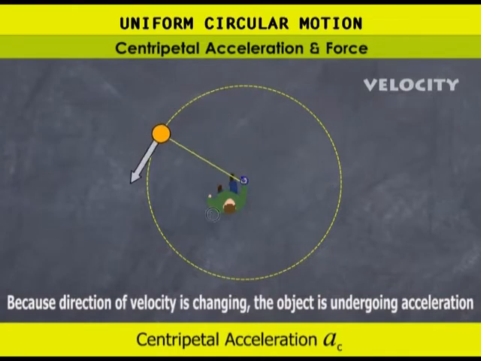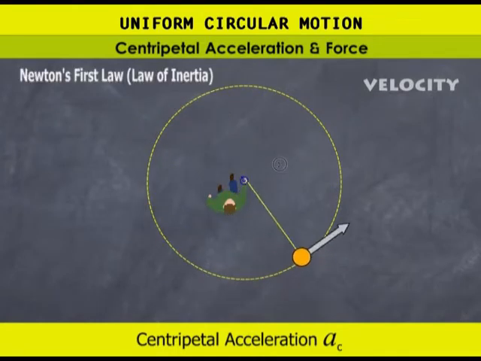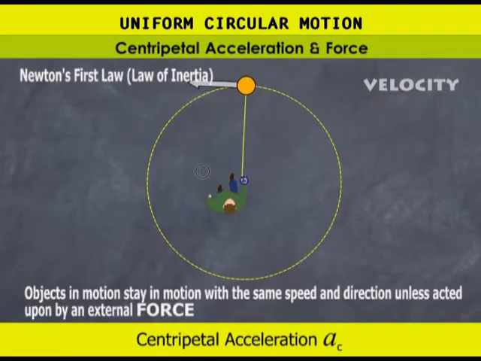If you recall Newton's first law of motion, that is the law of inertia, objects in motion stay in motion with the same speed and same direction unless acted upon by an external force. Now in our case, the velocity is changing in direction, and that means there is a force acting on the body. Towards what direction does the force act?